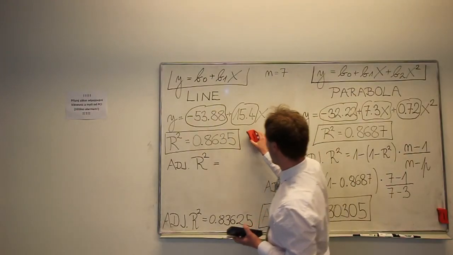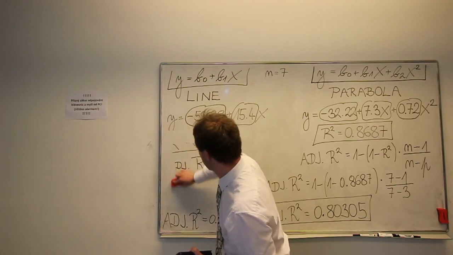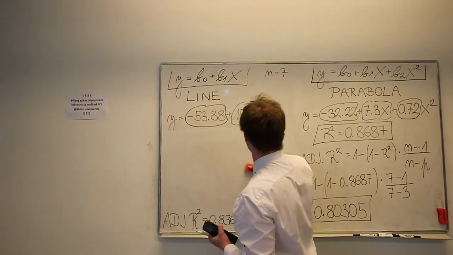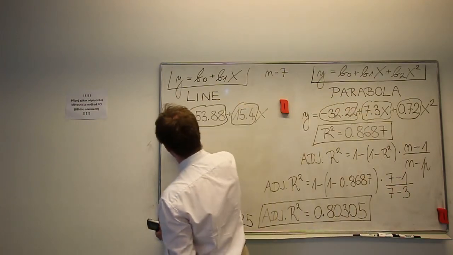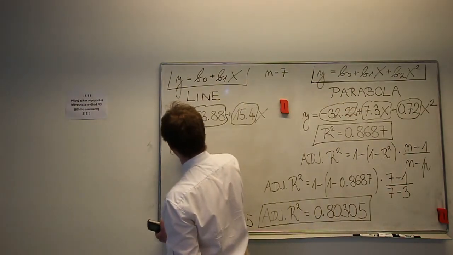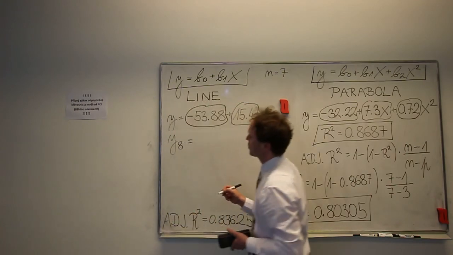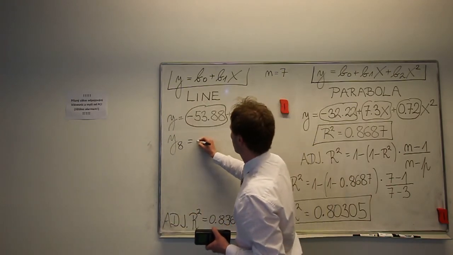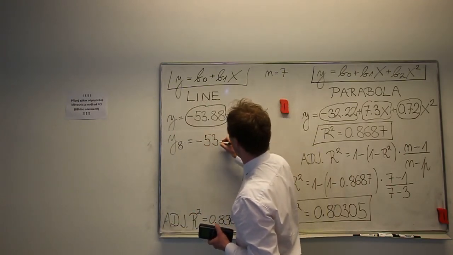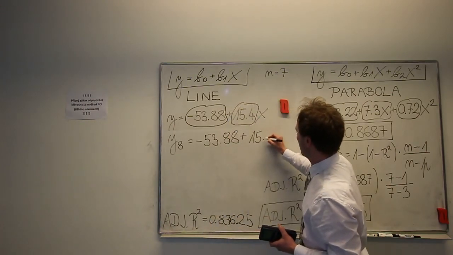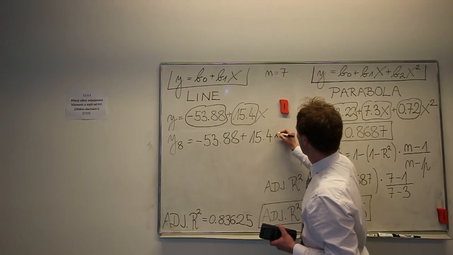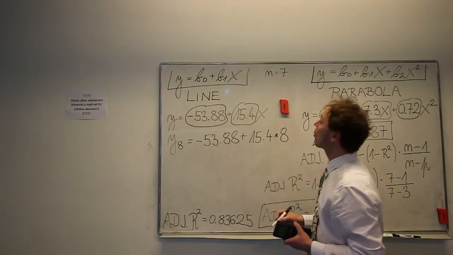So there is my regression line, and I would like to use 8 kilograms of fertilizer. The amount of yield when we use 8 kilograms of fertilizer is equal to minus 53.88 plus 15.4 times 8 kilograms.